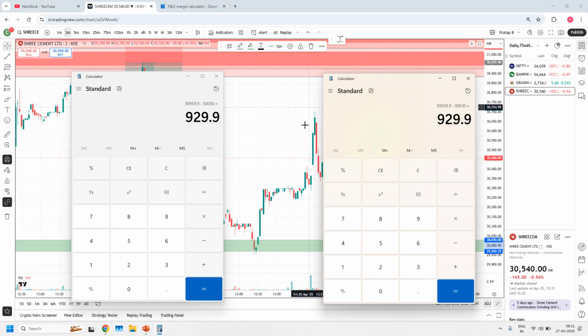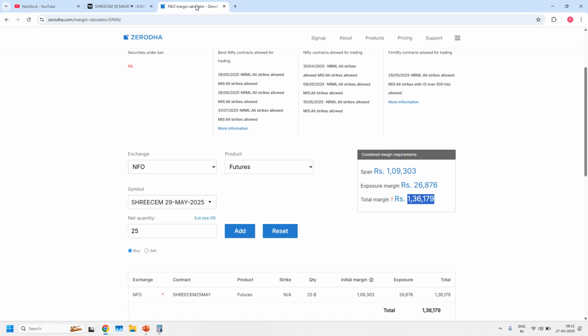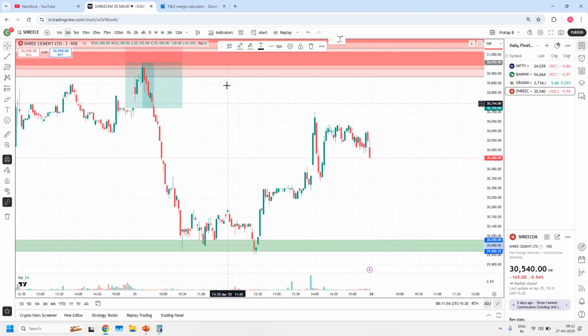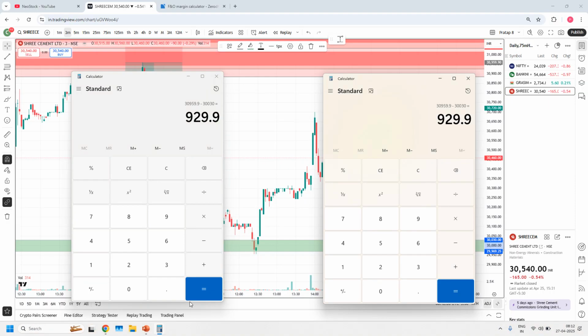Okay, how many are you buying? 25. We are buying 25 in both equity as well as futures. So into 25, how much profit are you getting? 23,247. Here also into 25, because you are buying one lot, and one lot is 25.